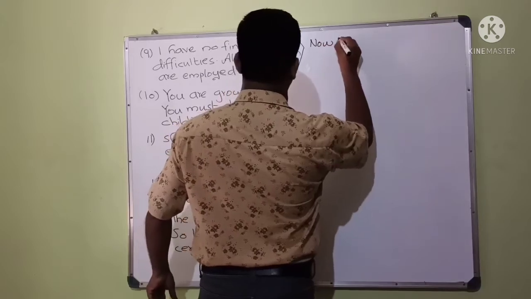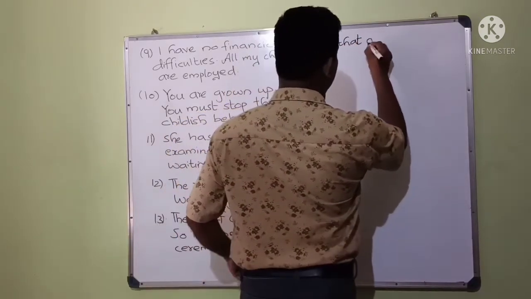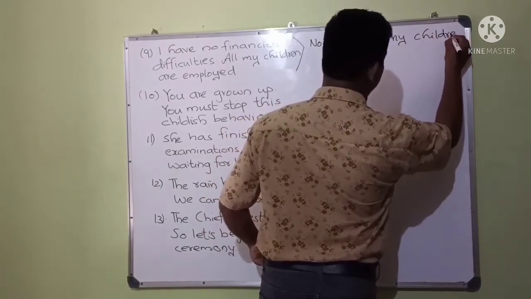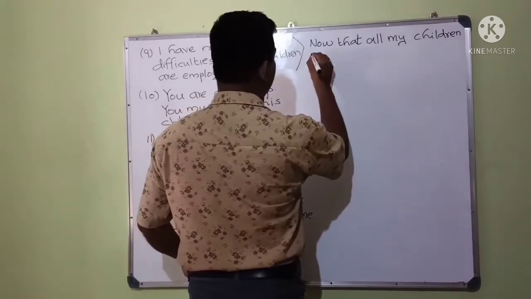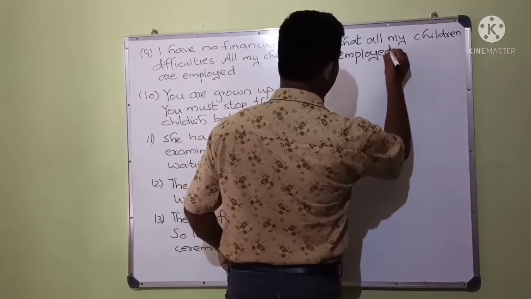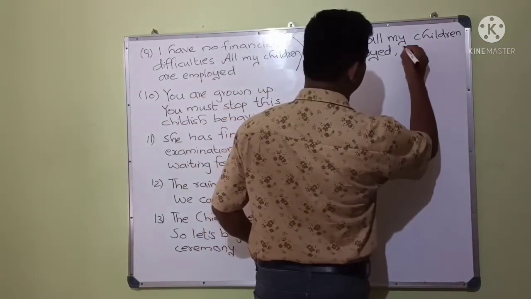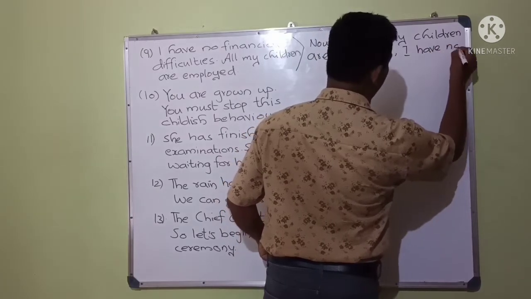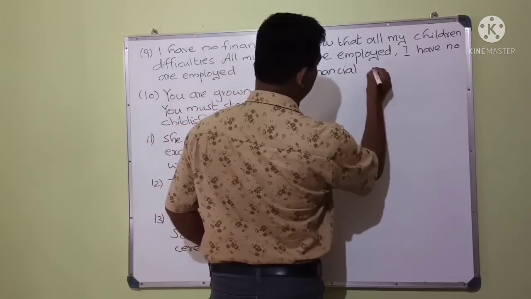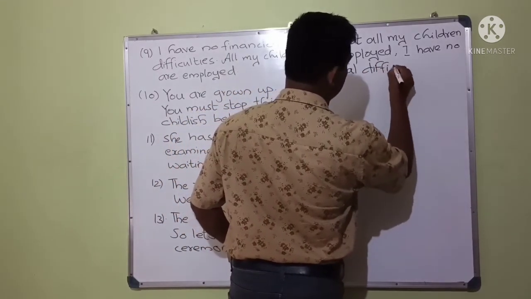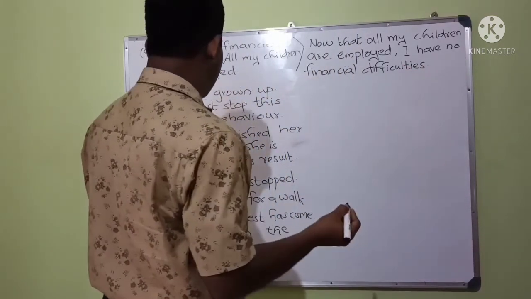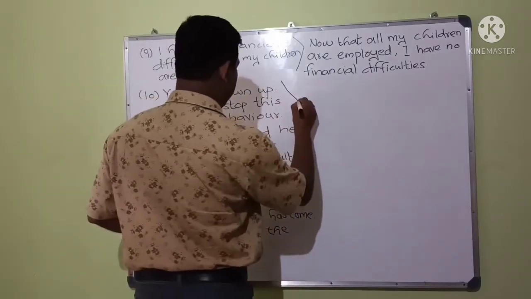Now that all my children are employed, comma, I have no financial difficulties. 10th one, you are grown up, you must stop this childish behavior.